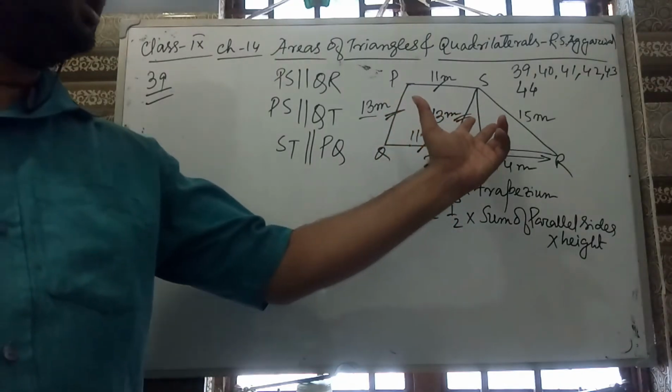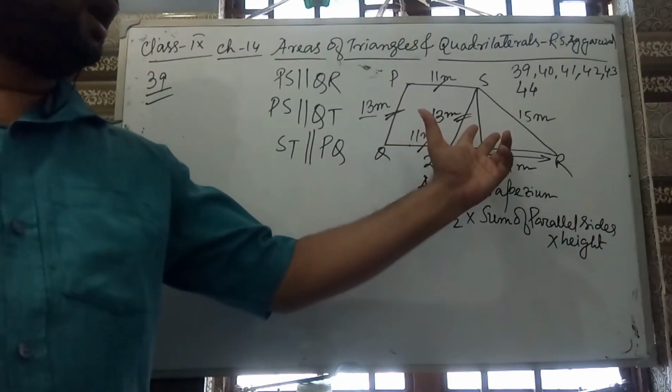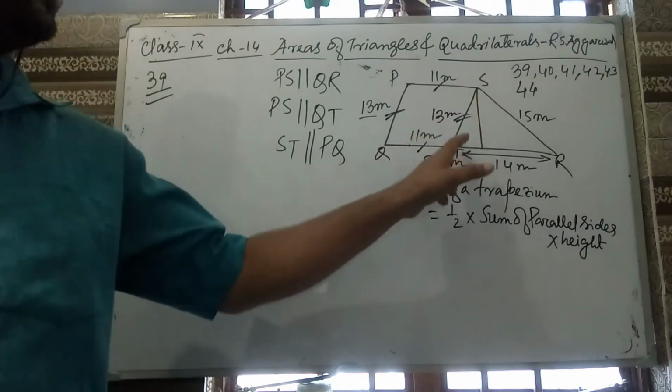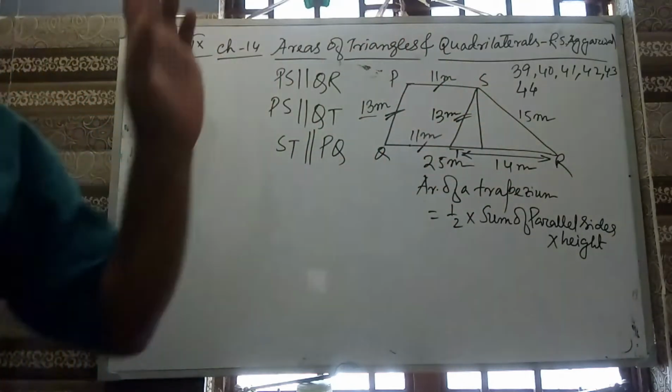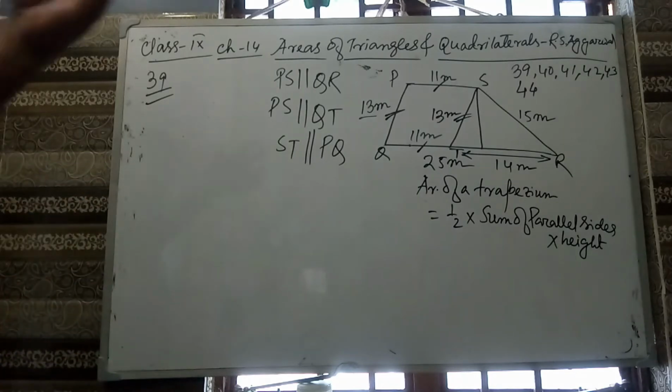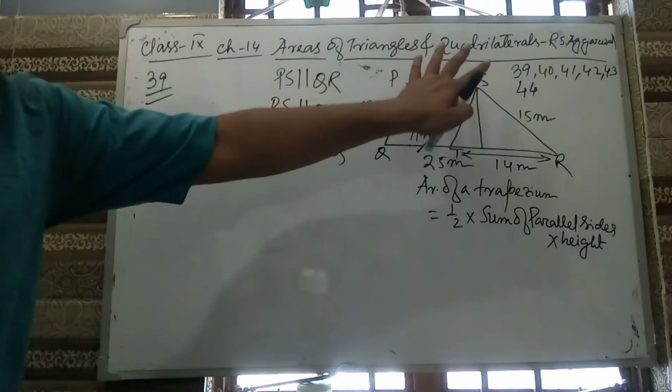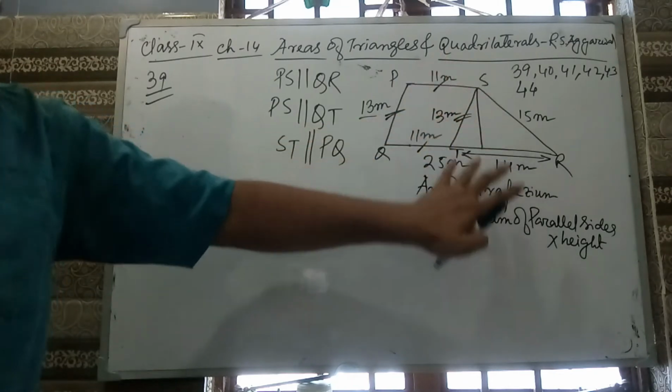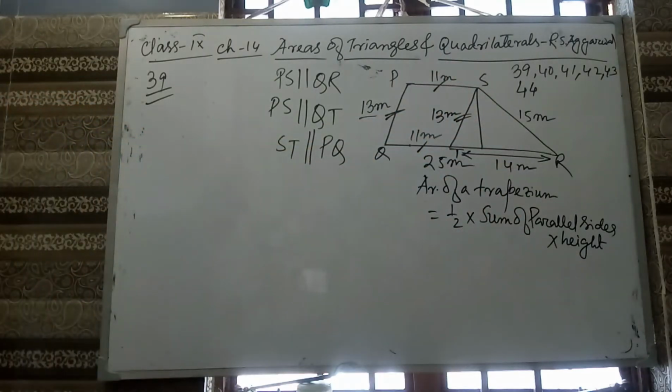We have to use Heron's formula to find out the area of this triangle. Okay, let us do up to that step. Then I will tell you what we have to do in the next step. So first of all, draw this figure and write down this formula.